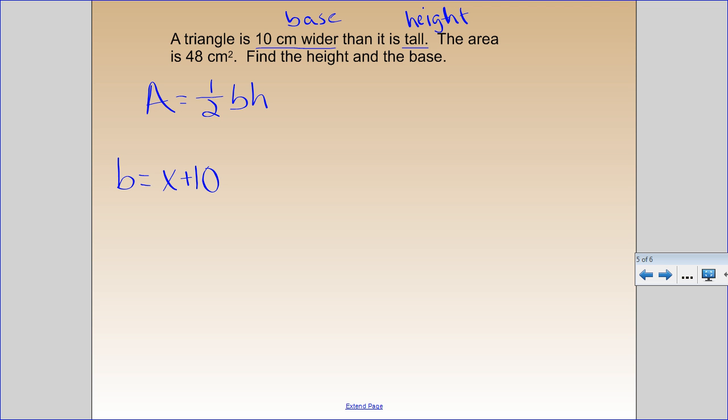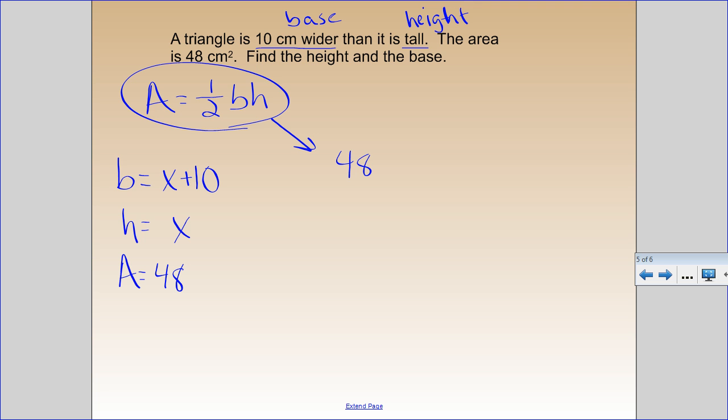And our height has to be just x. And they tell us that the area is 48. Let's plug in all that relevant information to our equation. 48 equals 1/2 base, which is x plus 10, times height, which is x.